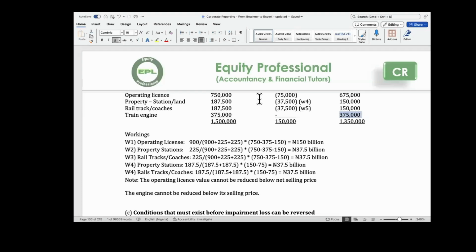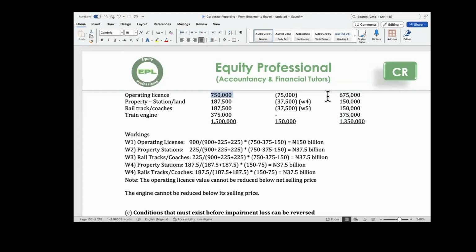Secondly, since someone came to buy the license at 675, that means 675 becomes the recoverable amount of that license. I cannot impair below 675, right? So the value of the license has fallen from 750 to 675.